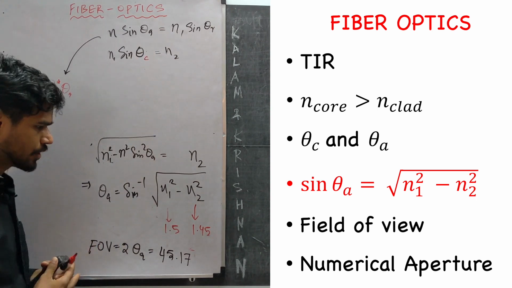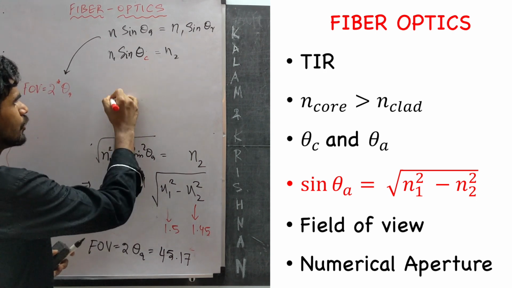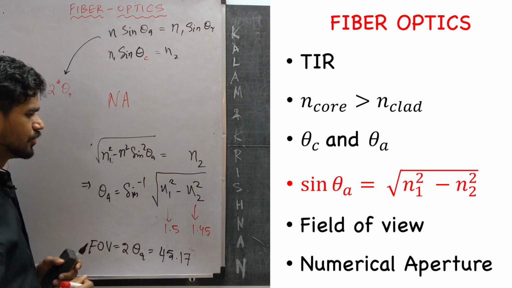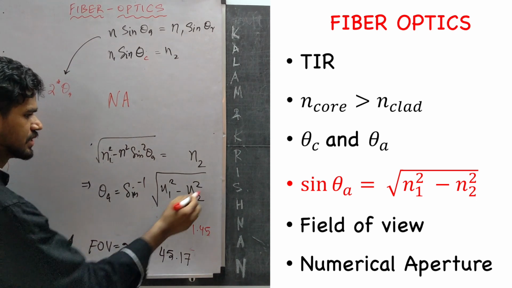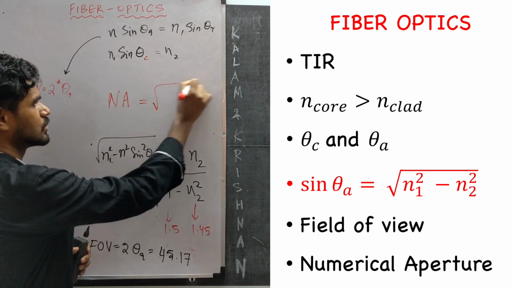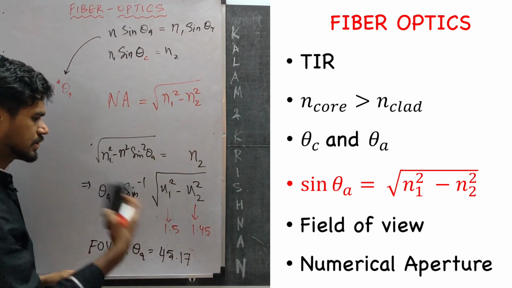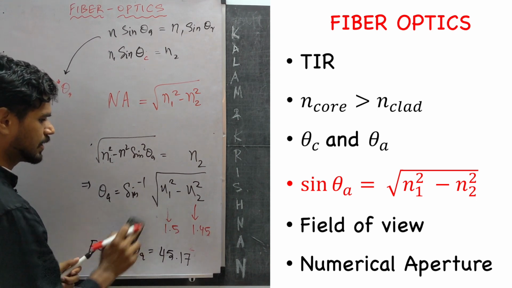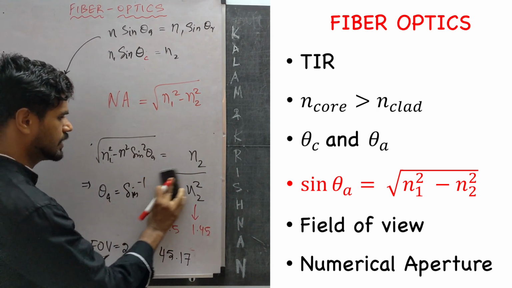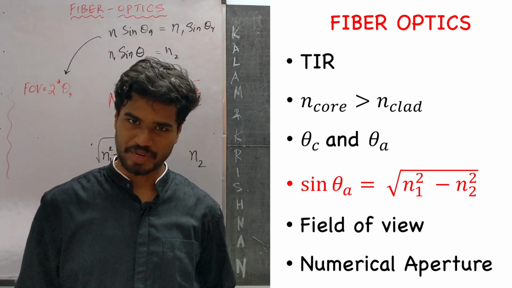There is one more important term in fiber optics known as the numerical aperture. Numerical aperture is just the term over here in the sine inverse. So this is square root of n1 square minus n2 square, which makes the acceptance angle theta as sine inverse of numerical aperture.